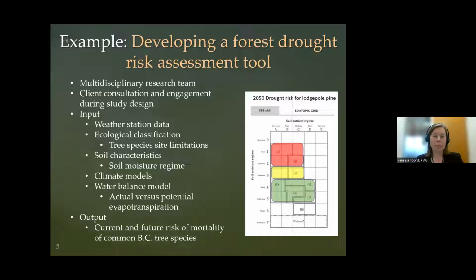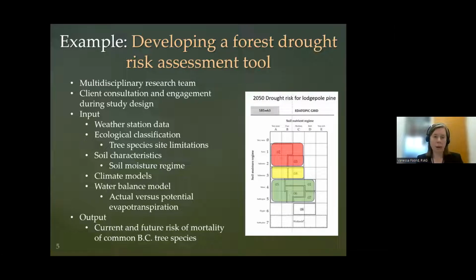So we started developing this tool back in 2010 as part of some climate change science and forestry funding. It was advised at that time that climate change projects needs to be developed with multidisciplinary research teams, which we did, and that we had client consultation and engagement during our study design, which we also did.